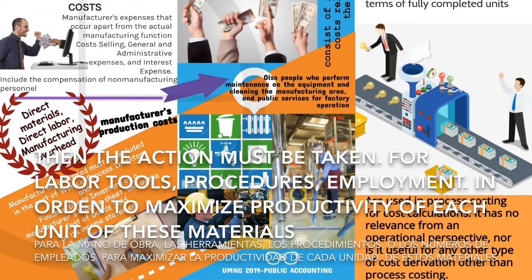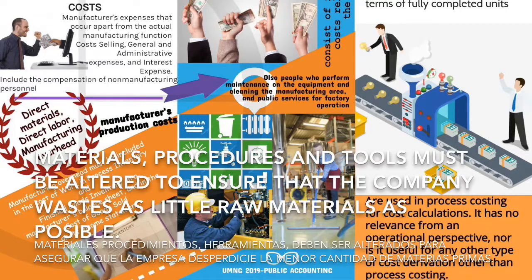For labor, tools, procedures, or employee numbers must be altered to control costs and keep employees in order to maximize productivity of each unit. For materials, procedures and tools must be altered to ensure that the company wastes as little raw material as possible.